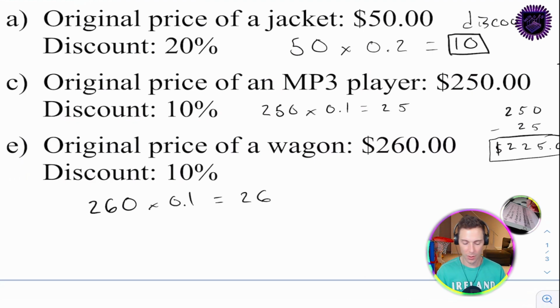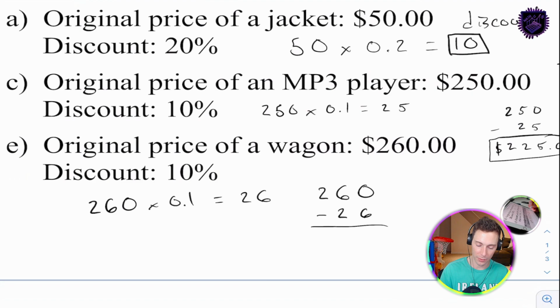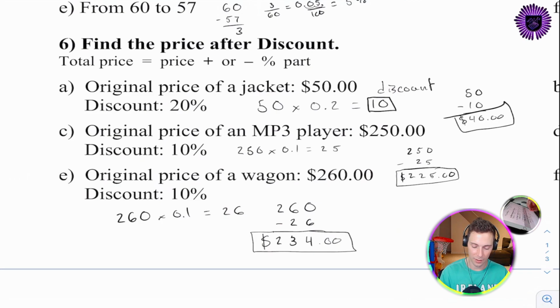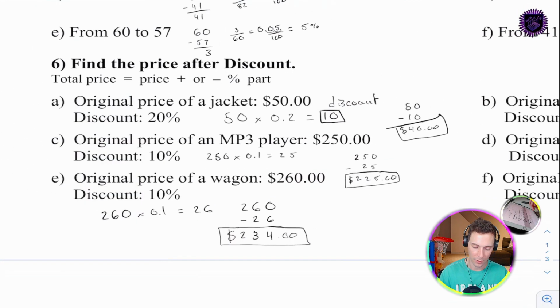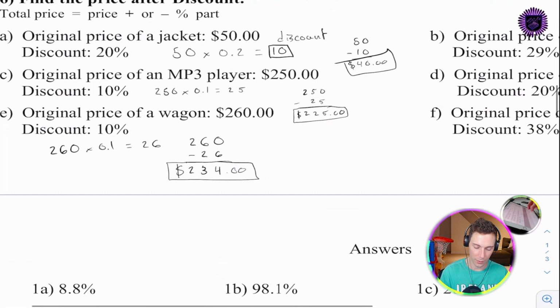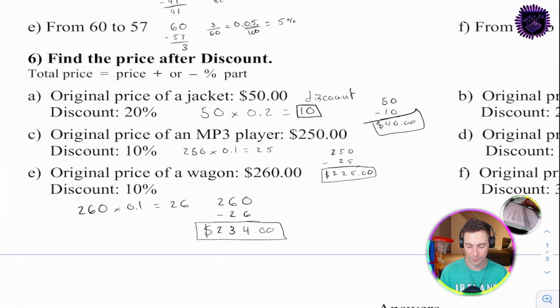And then we're going to go 260 minus our discount of 26 is equal to 234. $234 after our 10% discount. 6E. Okay.